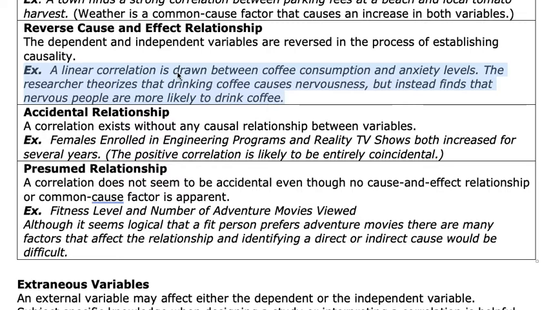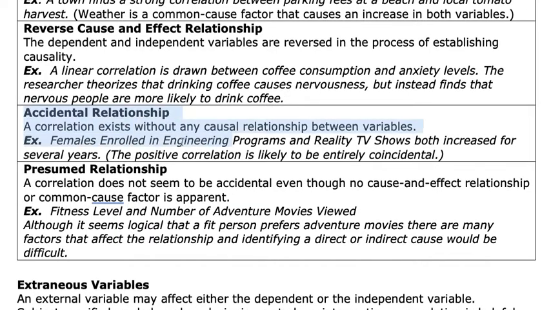For example, drinking coffee increases your heart rate, and as a result will cause more stress on the body, and therefore if you establish it with the opposite direction, which is being nervous is causing you to drink coffee, that would be the reverse relationship between these two variables. It's the coffee that is causing the nervousness.